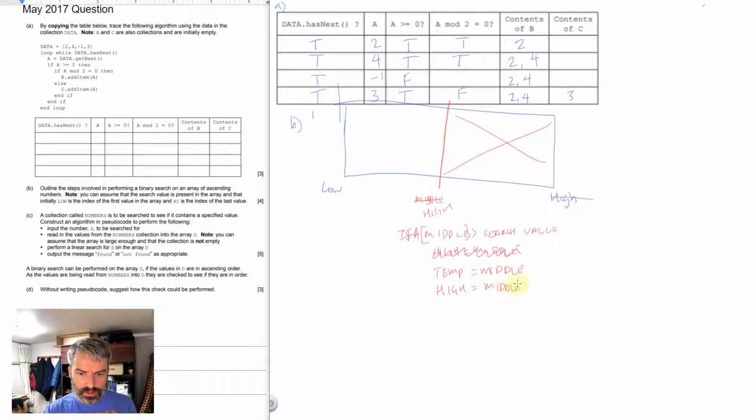Yeah, store that value. So now high is there, and now we want to set middle equal to high minus low divided by 2, which should put it right here. And then we're going to continue that search until we find the value.